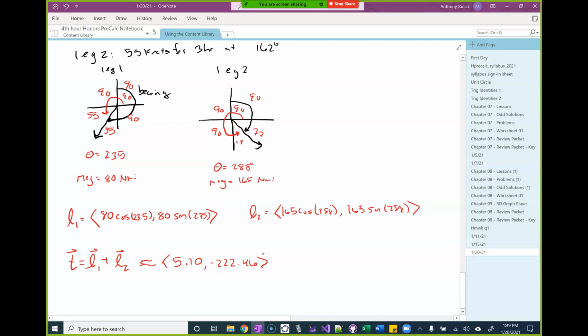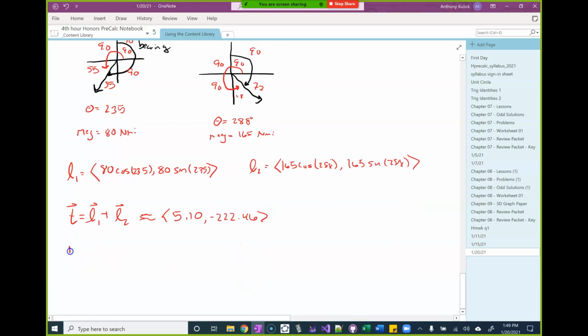Okay. So my magnitude of t is going to be just doing that. So I get about 222.51 nautical miles.